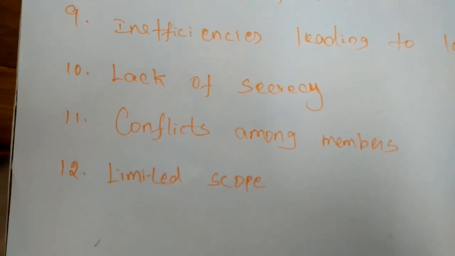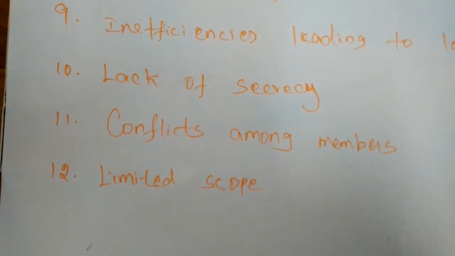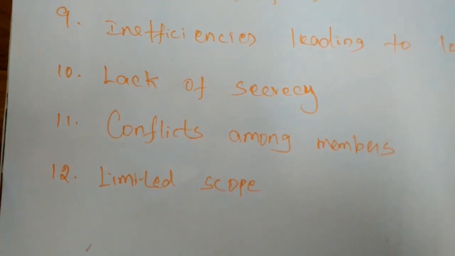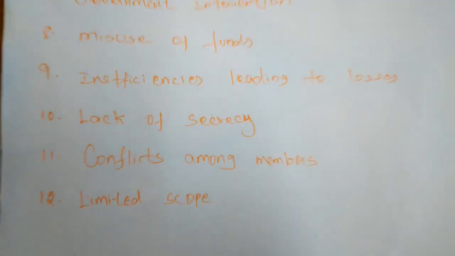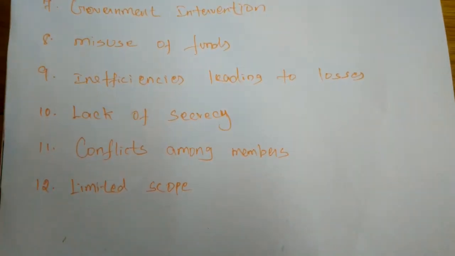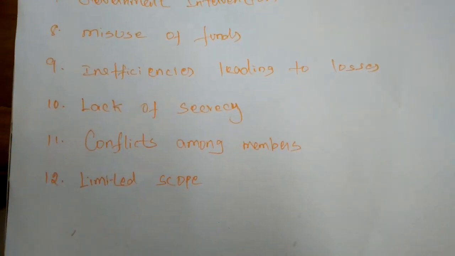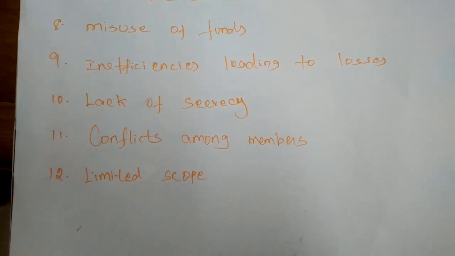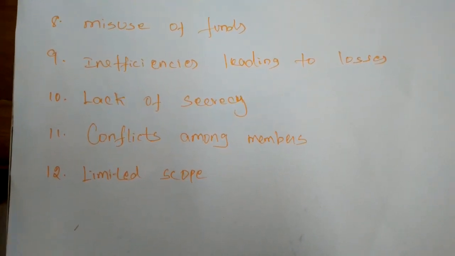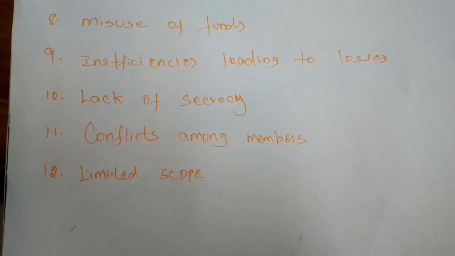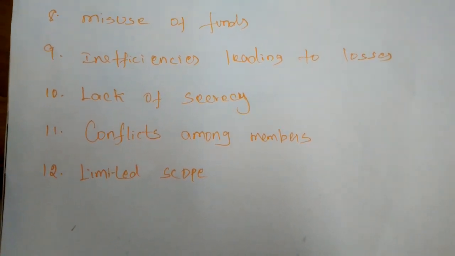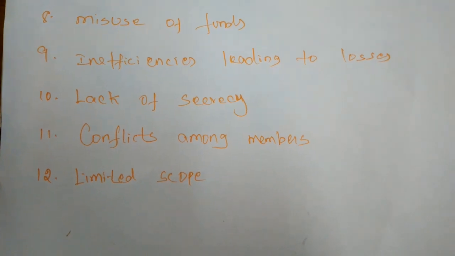But business secrets cannot be maintained in the cooperative because the members are aware of the activities of the enterprise. Some of the members depend upon politicians and simply become members to earn money only. Because of that, the secrets of the cooperative organizations will not be maintained secretly.